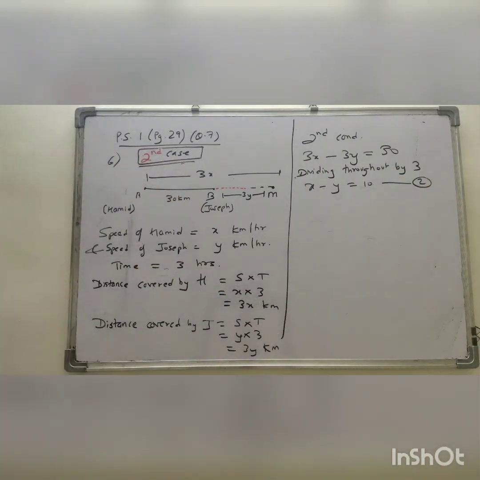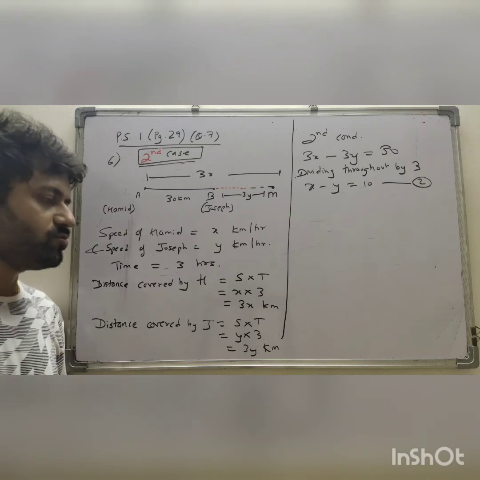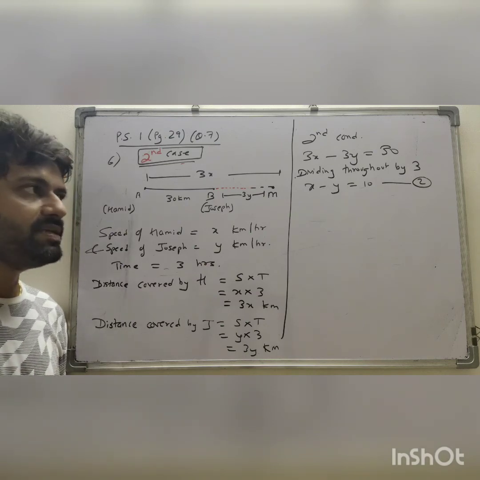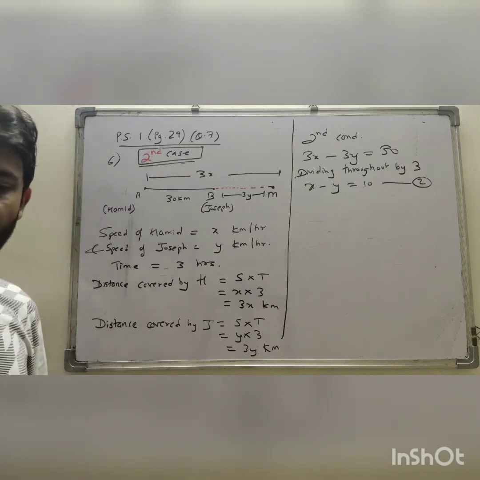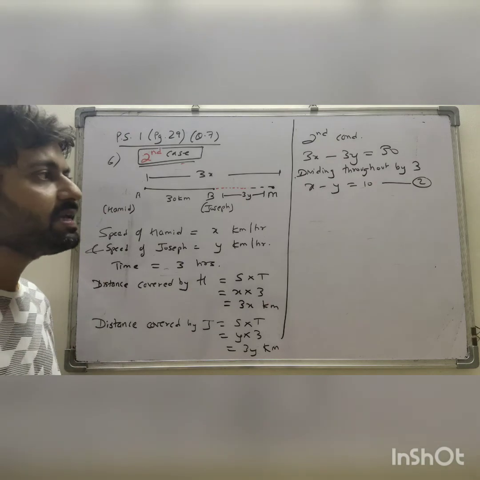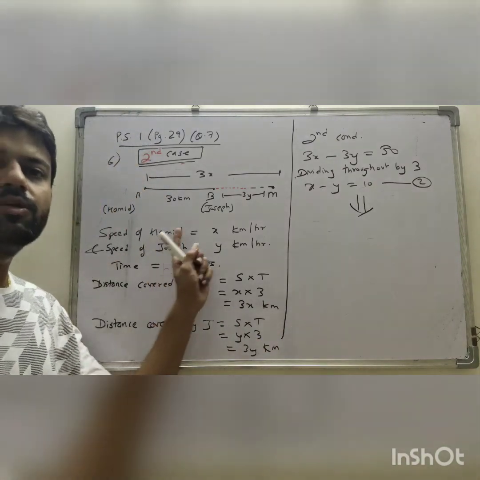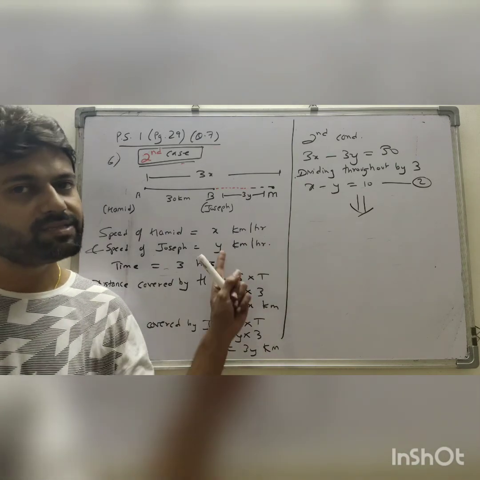This is your equation number 2 formed from the case 2. We have to solve the two equations simultaneously to find the value of x and y, and that value of x and y will give their respective speeds. The two values x and y are to be solved by the students.